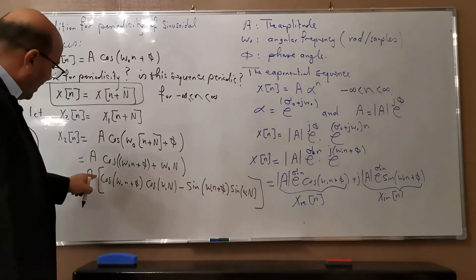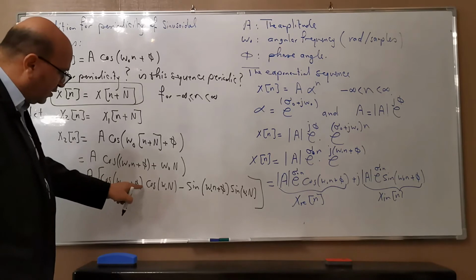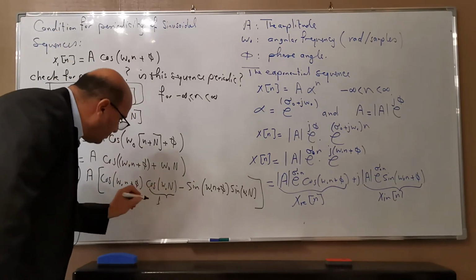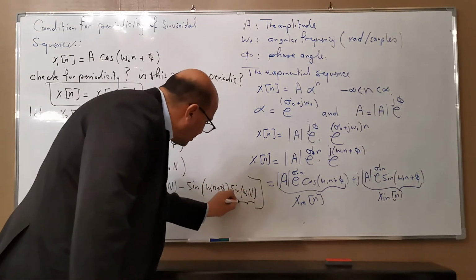For this to be a cosine omega 0 n plus phi, the first item should be 1, and this item here should be 0.